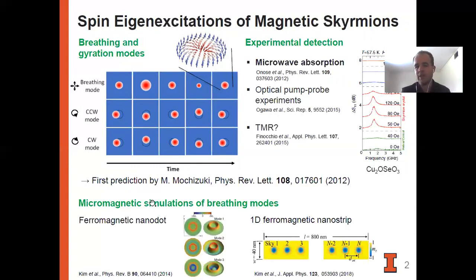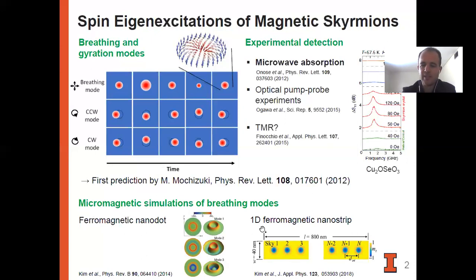Most of the work actually has been of theoretical nature. And here, many people have performed micromagnetic simulations of these eigenexcitations in different materials and different geometries and so on. So here is an example of a Skyrmion in a confined geometry for a ferromagnetic nanodot.